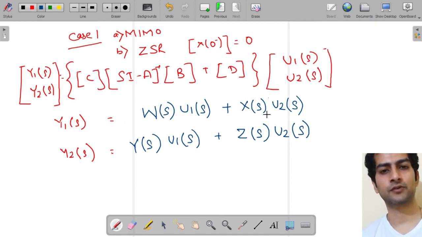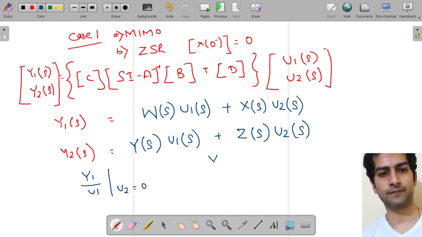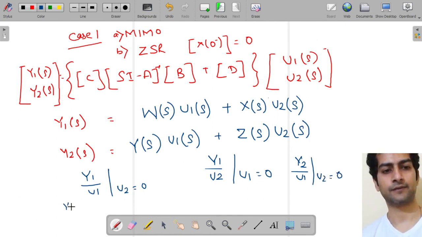So see, here we can get many combinations: one is Y1 by U1 if we take U2 as 0, Y1 by U2 if we take U1 as 0, Y2 by U1 if we take U2 as 0, and Y2 by U2 if we take U1 as 0.